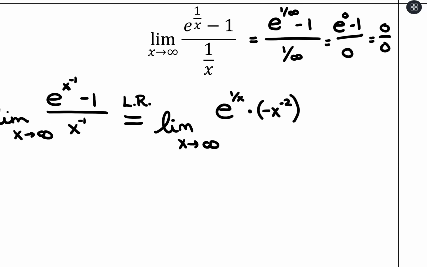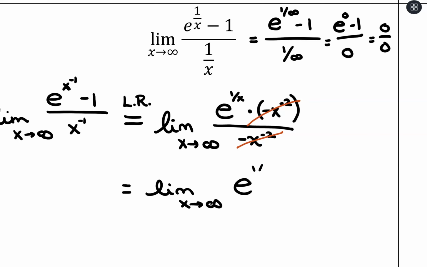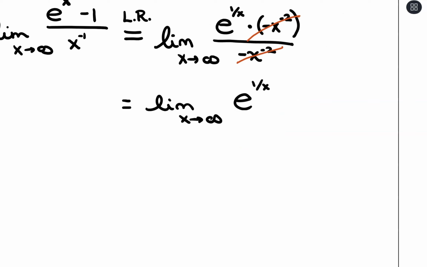And then the derivative of minus 1 is just 0, over the derivative of x to the negative 1, so we'll have negative x to the negative 2. We end up with a really nice cancellation there. So really we're just evaluating the limit as x approaches infinity of e to the 1 over x. And if we think about plugging in infinity, that's like having an exponent of 0, which all simplifies to 1.